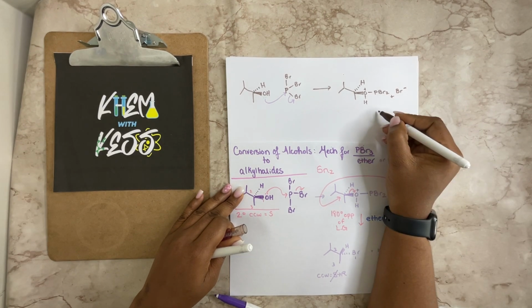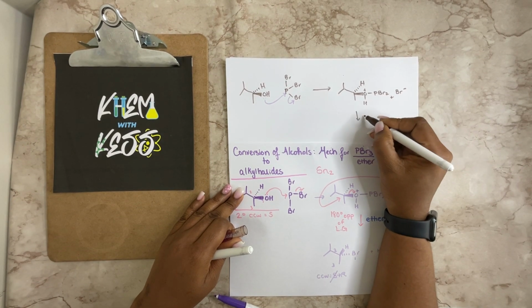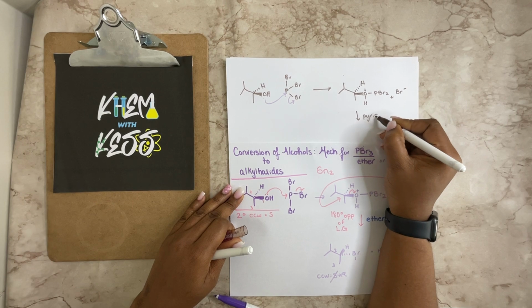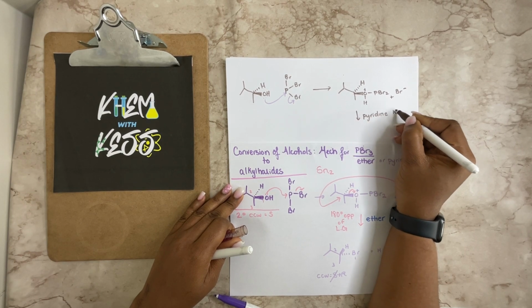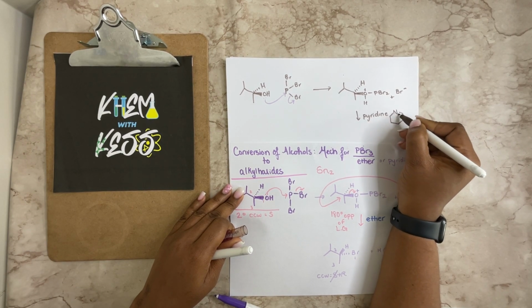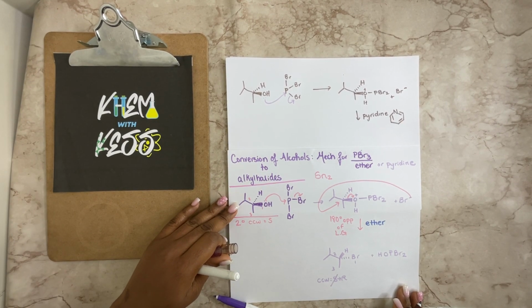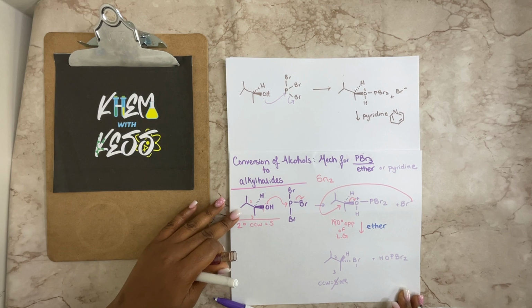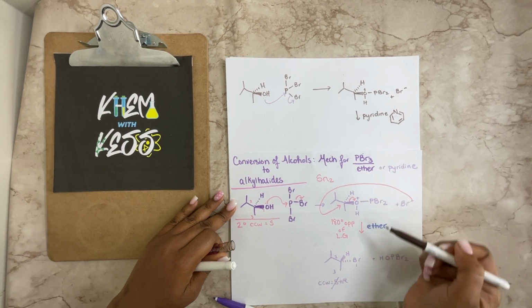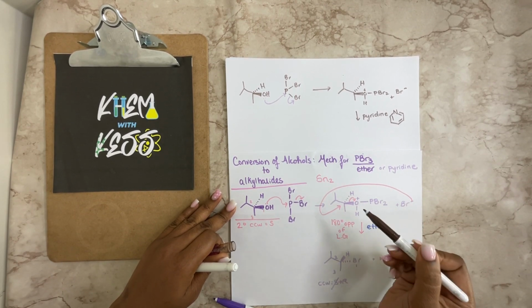However, now we're using pyridine, which is a benzene ring with a nitrogen embedded, so it's a heterocyclic molecule. Same idea: the ether just allowed the Br to attack.